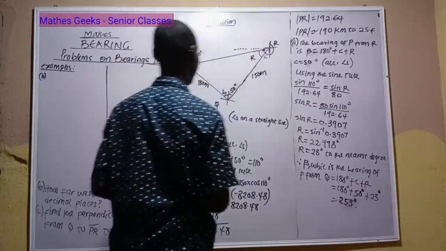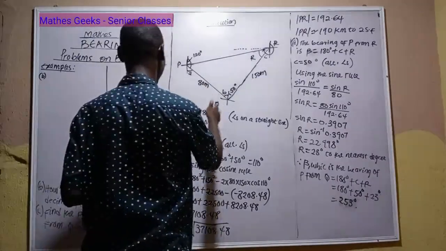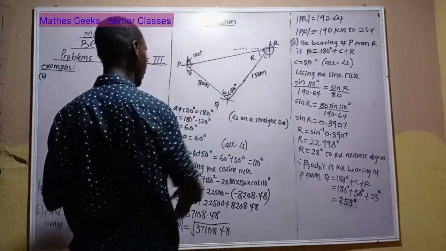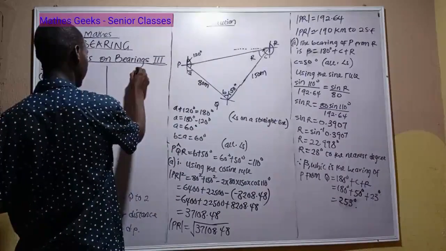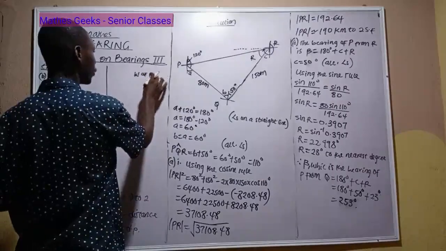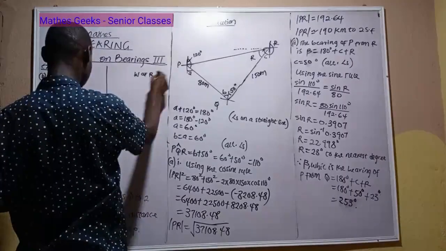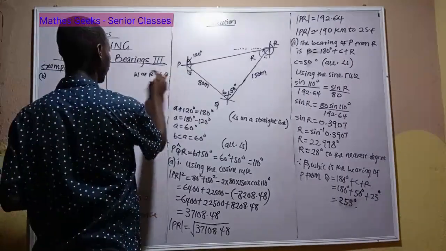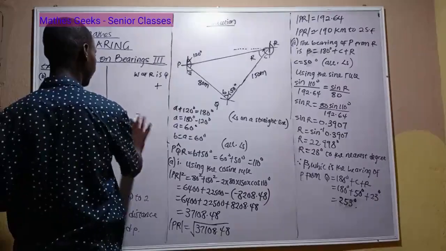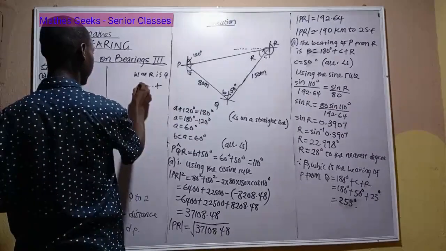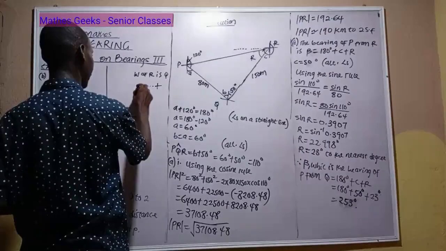So you go to your compass, your cardinal points, and you draw a line to meet west of R, which is Q. So if this is R and this is where Q is, according to our drawing, west of R, then this is Q. So let Q meet R in this line such that it forms a right angle triangle.